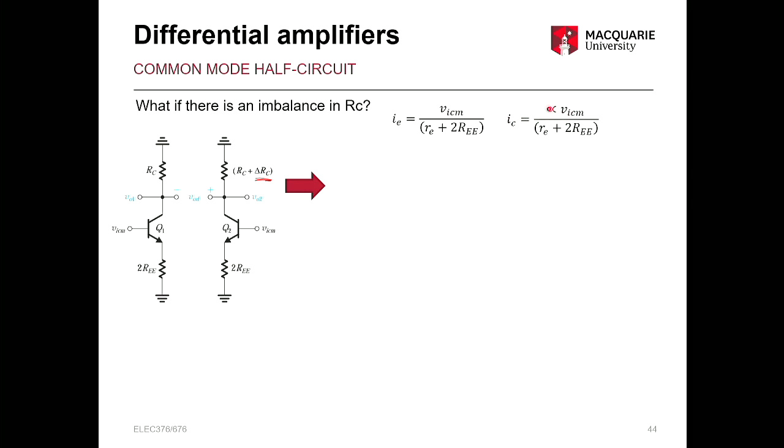IC is just alpha times that, which means our output voltage, in this case negative, times the drop of this over this resistor, so 0 minus the drop here, which is this IC term times RC. But on the other side, we have the delta RC included as well.